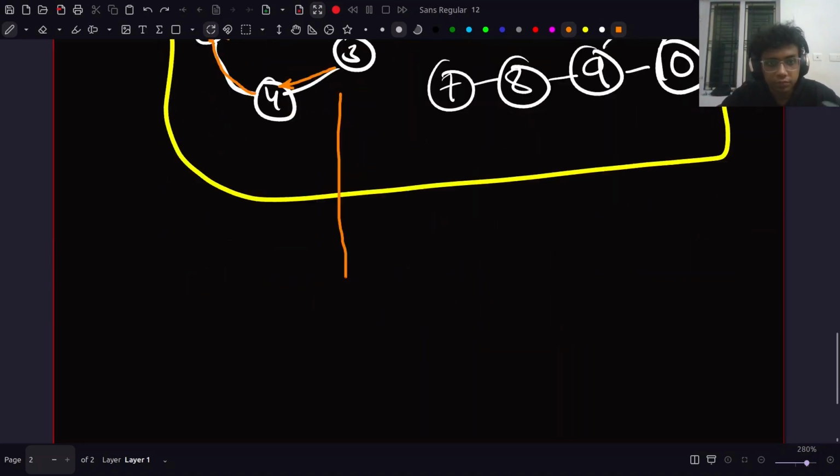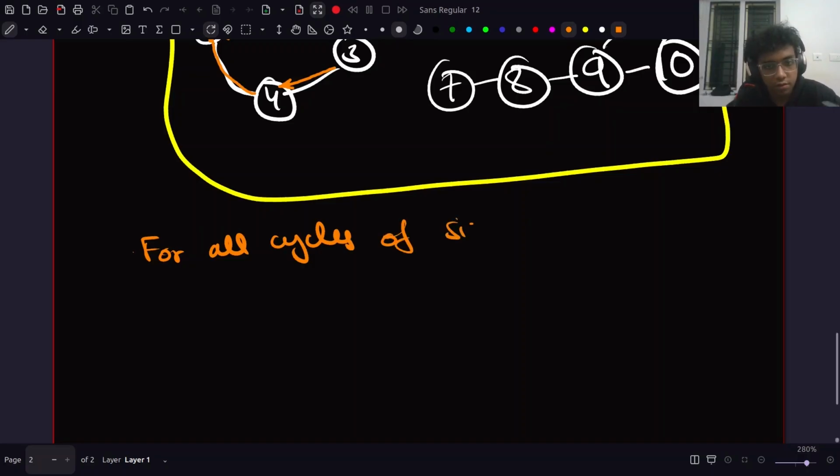So basically for all cycles of size greater than or equal to 3, a 2-cycle does not count, since it could just be one neighbor, not both sides.